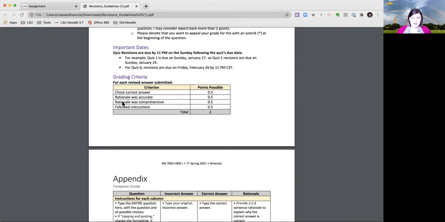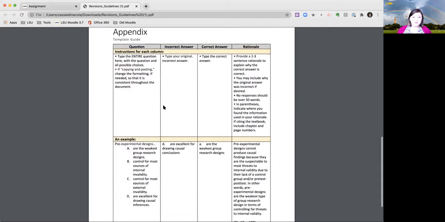And then the rationale was comprehensive, so it was fully answered. And then you followed the instructions. So you followed all of these instructions here. So you can see you don't automatically just get 2 points for doing the revisions. You may have some half points taken off for these different reasons.